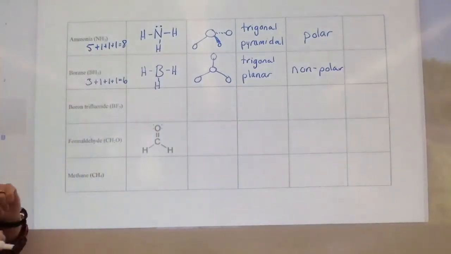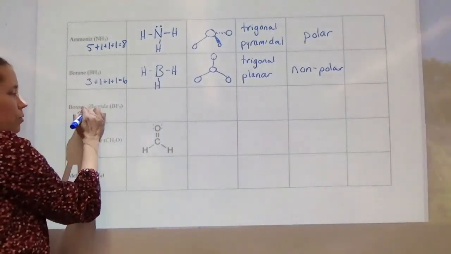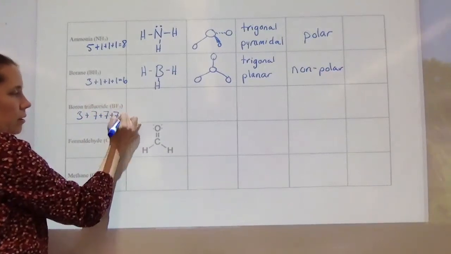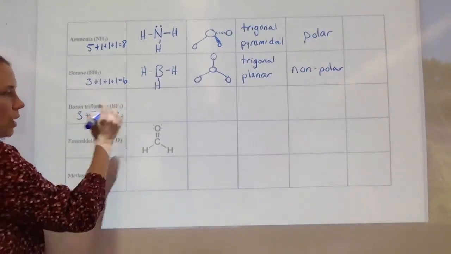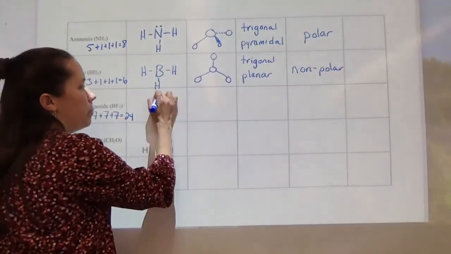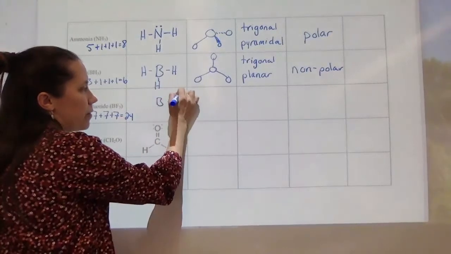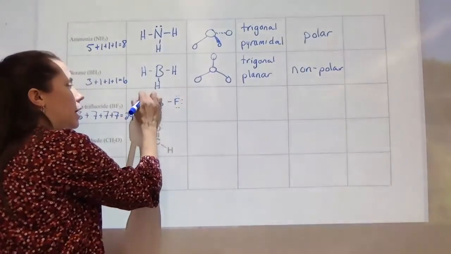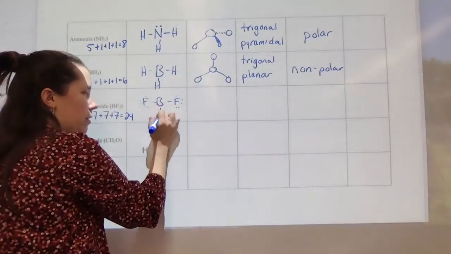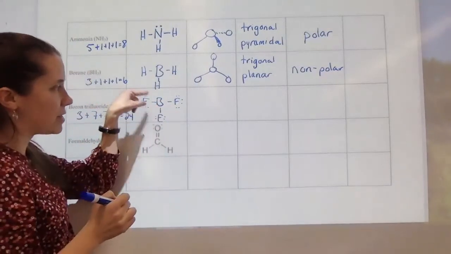Okay, boron trifluoride, we have the boron, which is 3, and then 3 fluorines, which are each 7. All right, so we'll end up with 24 electrons. Okay, so we'll put B in the middle, and then an F, and an F, and an F. Okay, so all the Fs have 8.